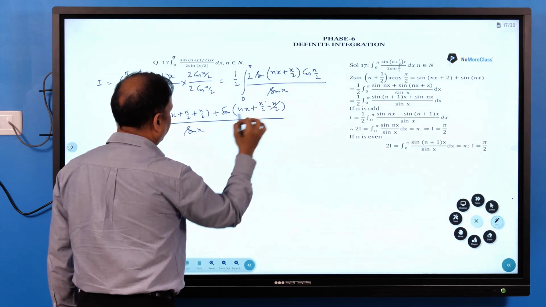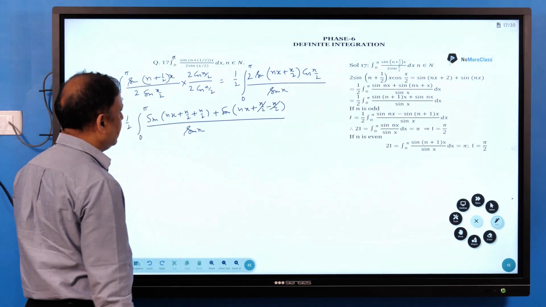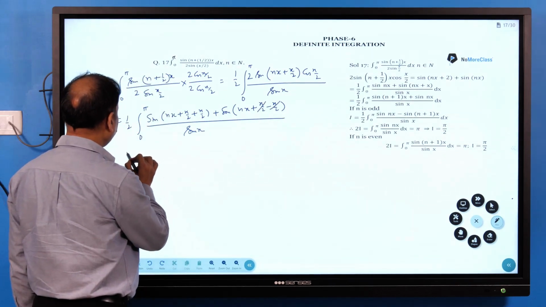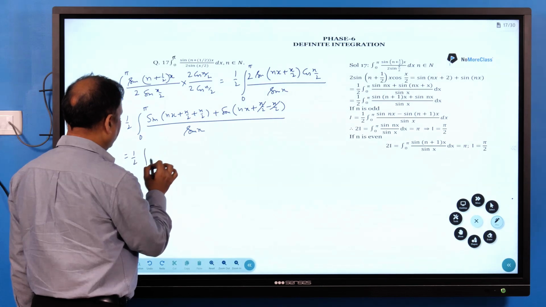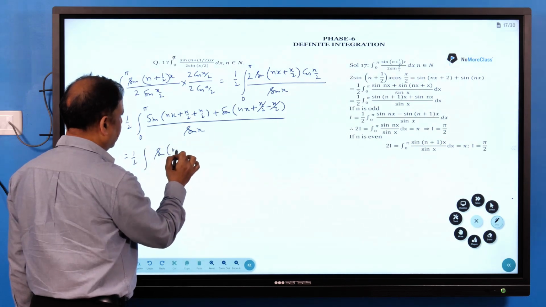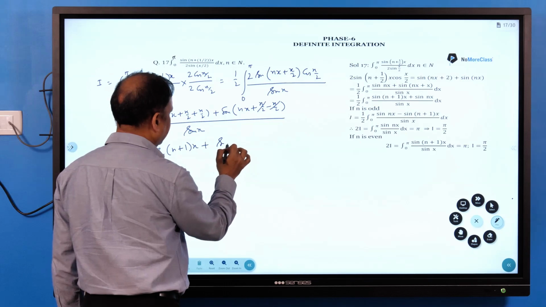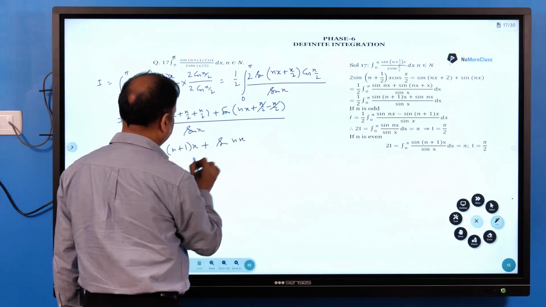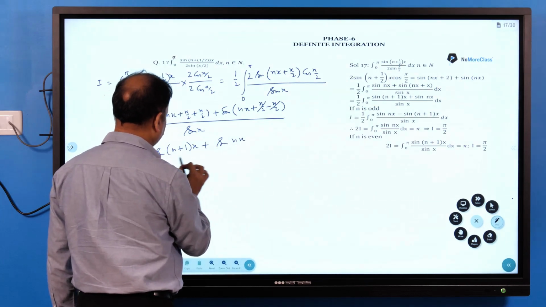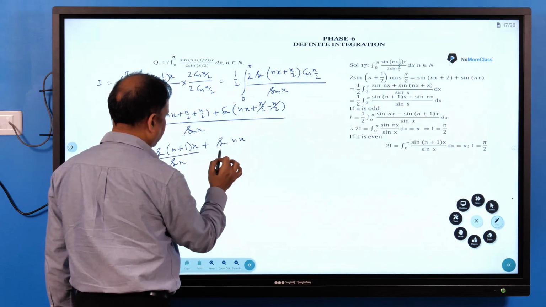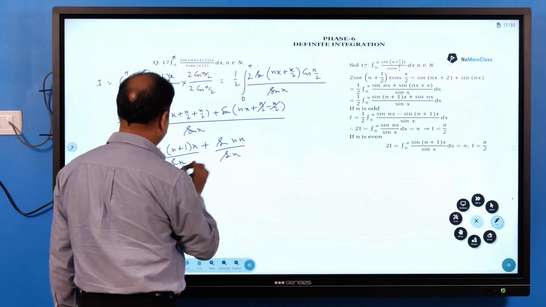So this x/2 will cancel. So this is equal to 1 upon 2 of sine((n plus 1)x) plus sine(nx), upon sine x.